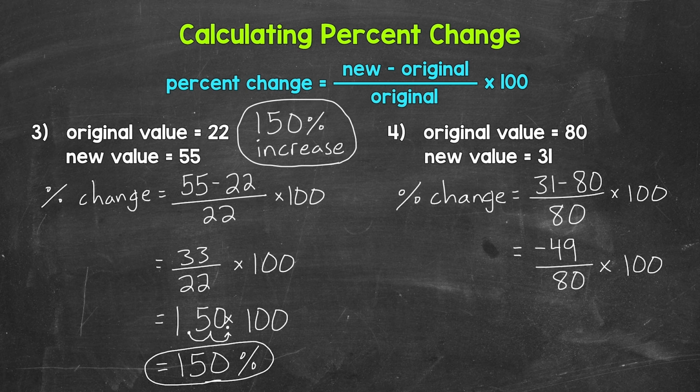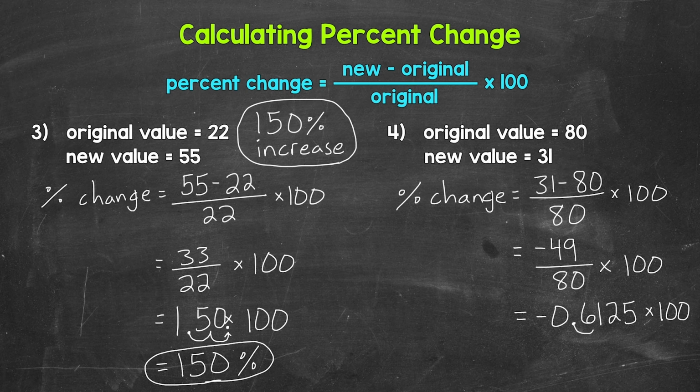Now let's divide. Negative 49 divided by 80 gives us negative 6,125/10,000ths, negative 0.6125. And we need to multiply that decimal by 100 in order to convert it to a percent.